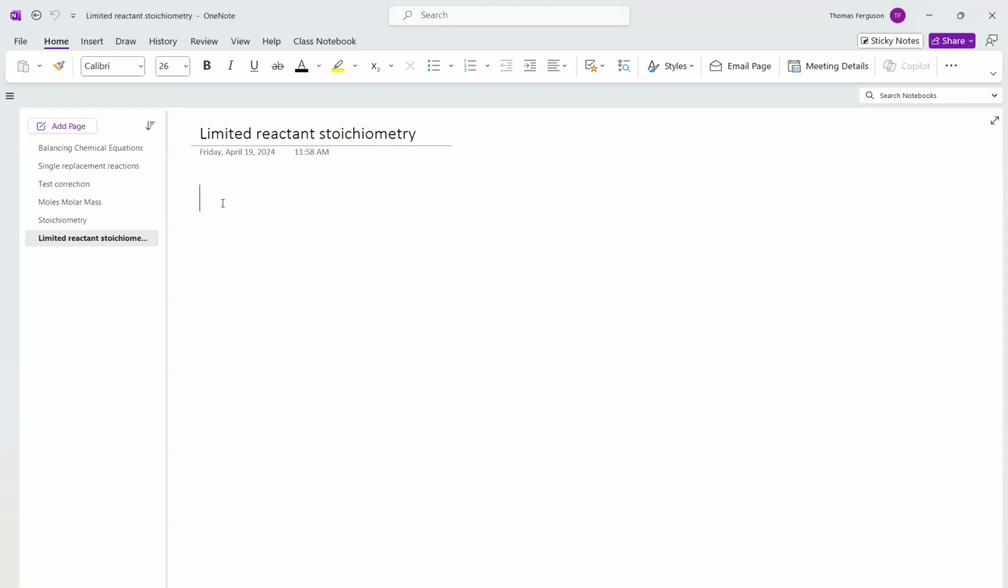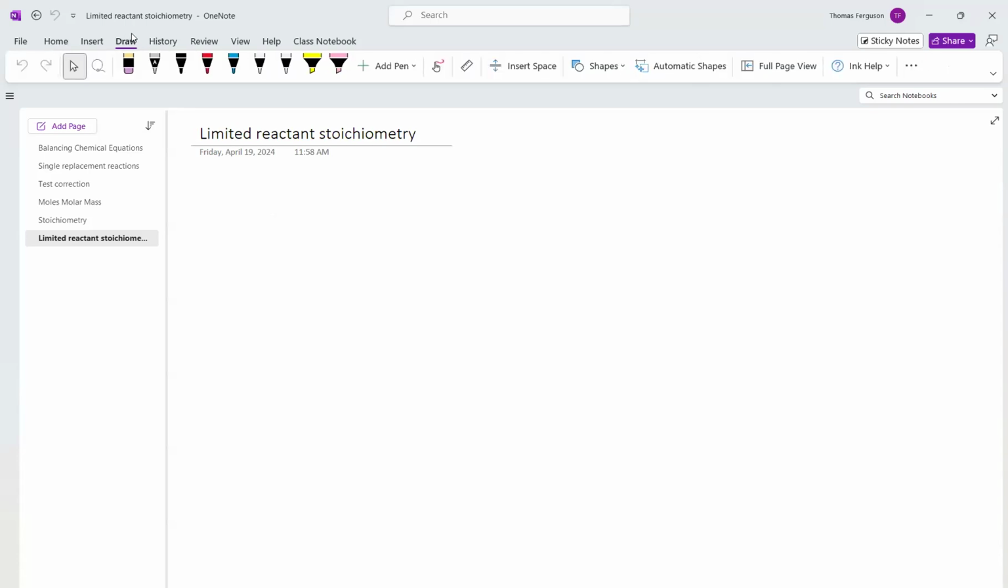Okay, so let's look at a typical reaction. Let's burn ethane.